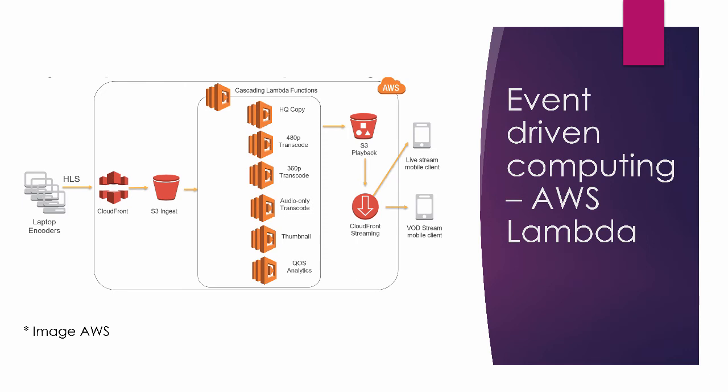All of those Lambda functions create output to an S3 playback bucket. Then CloudFront, again, another AWS web-facing service, allows my front-end clients to connect to that S3 backend for playback.